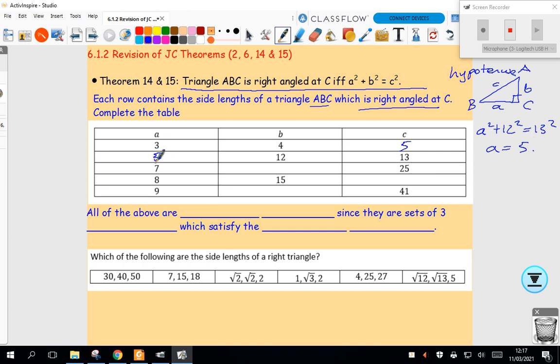If you solve this equation, 7 squared plus b squared equals 25 squared, you're going to find that's 24. 8 squared plus 15 squared, you're going to find that's 17 squared. 9 squared plus something squared equals 41 squared, and that's 40. Okay. How do I know these things? Well, I know all of these because they're all Pythagorean triples, which we've looked at before.